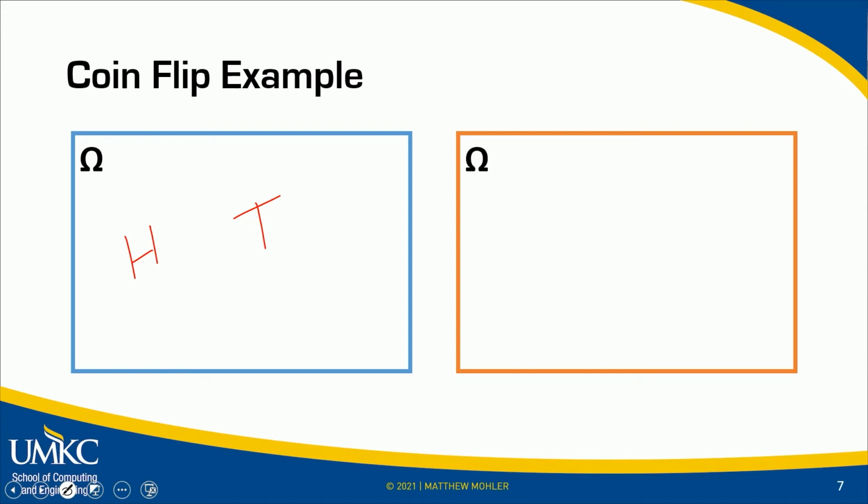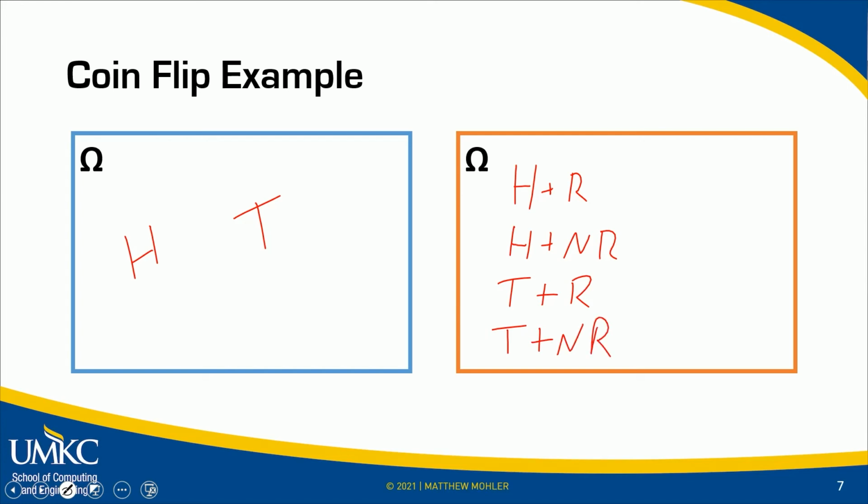And so in reality, we say, oh, well, maybe there's actually 4 different options. That it's heads and it's raining. That it's heads and it's not raining. That it's tails and it's raining. And that it's tails and it's not raining.